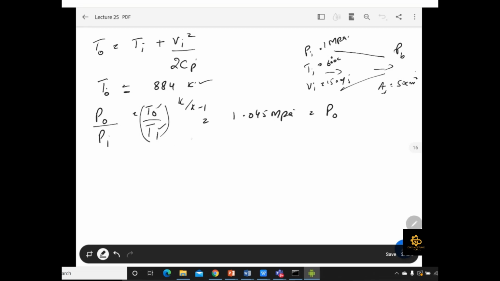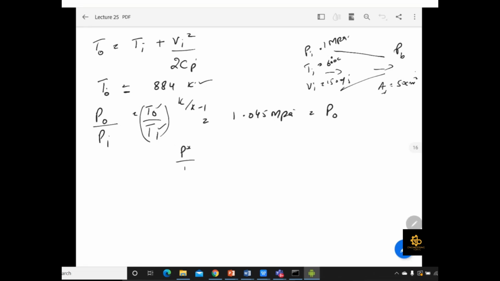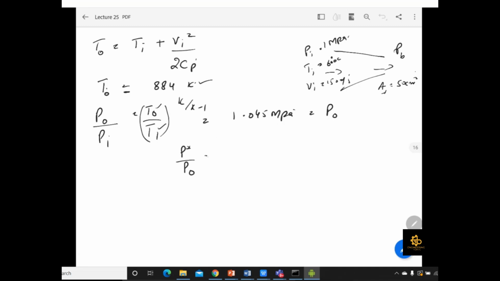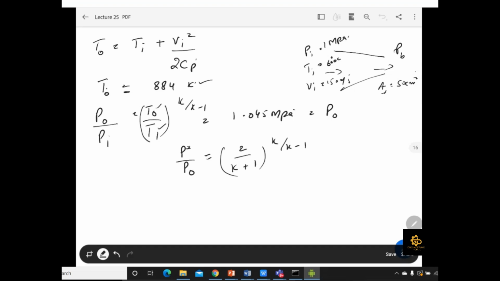That's why we first use P star by P naught, so that we find out whether our flow is choked or not. P star by P naught comes from 2 divided by K plus 1, to the power K divided by K minus 1. Simply plug in the K value for air.